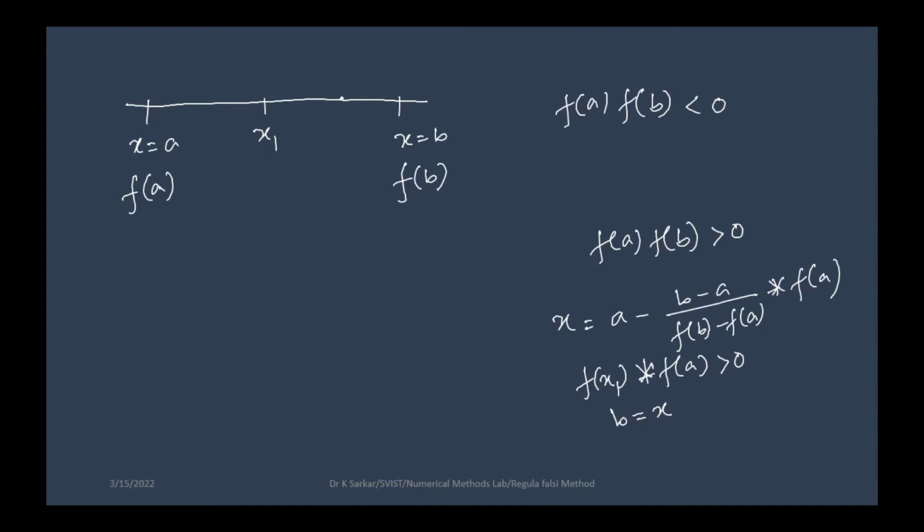So the root lies in between x1 and b. That's why the new a will be x. Otherwise, take b equals x. So let us write the code in C.